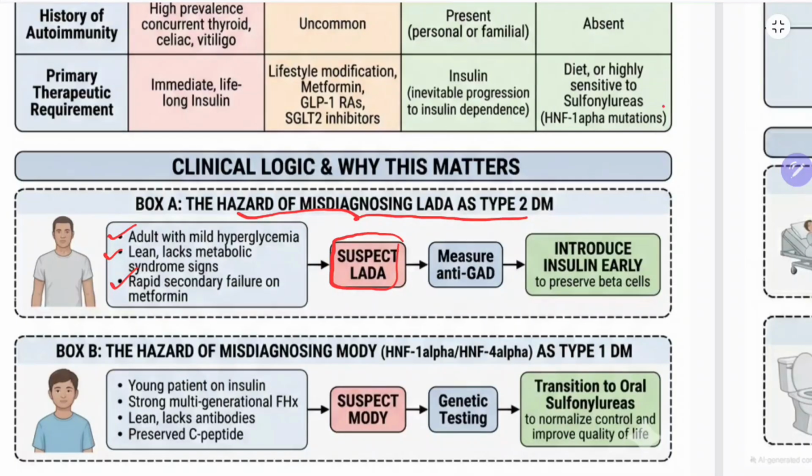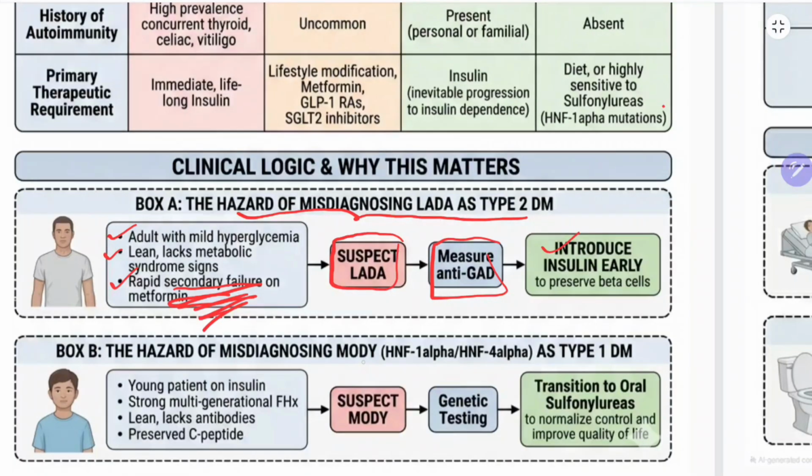Rapid secondary failure on metformin, suspect LADA. Then measure anti-GAD, and if anti-GAD is positive, introduce insulin early to preserve beta cells. So they will have failure on oral antidiabetic agents very early. That is the very important point in treatment in patients with LADA who is diagnosed as type 2 diabetes mellitus initially.